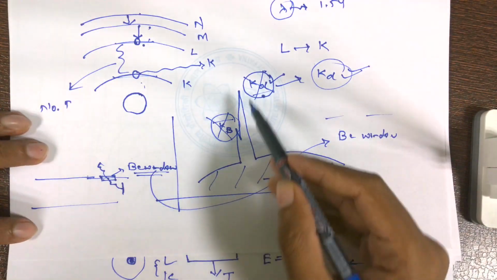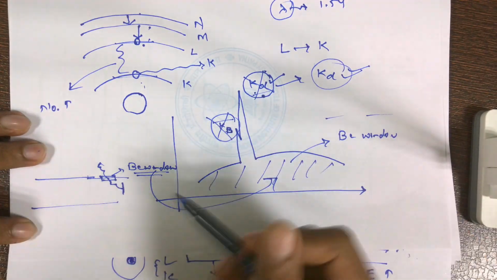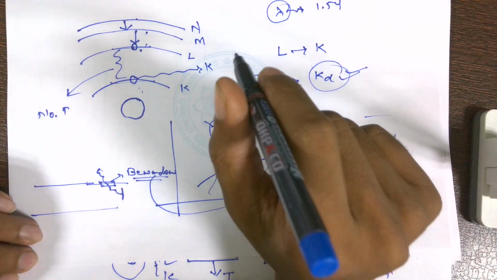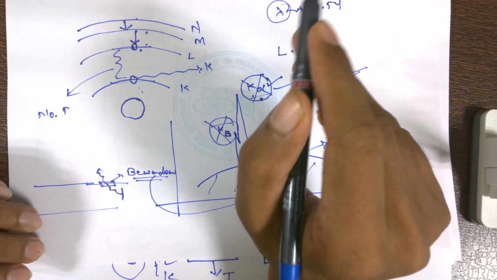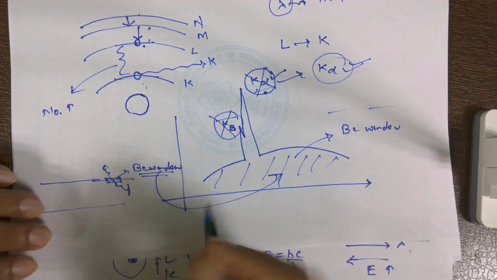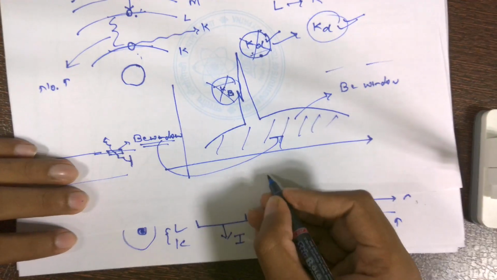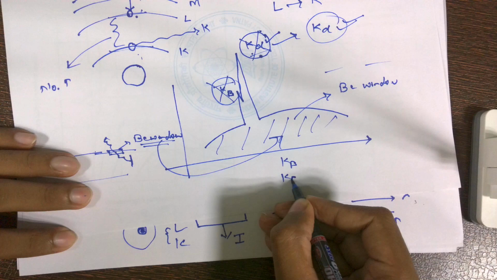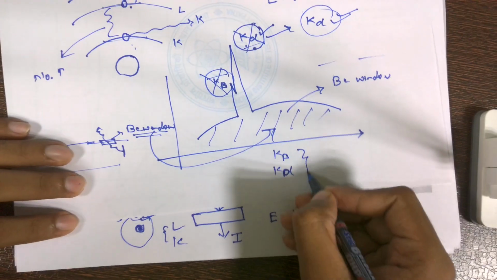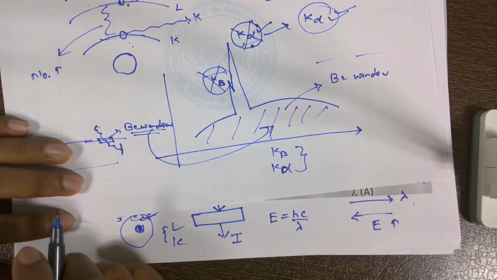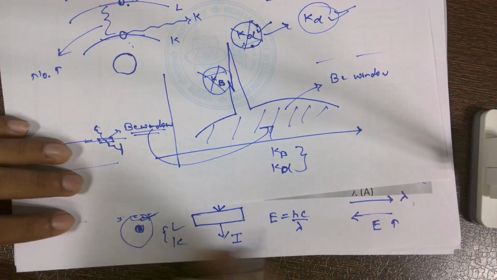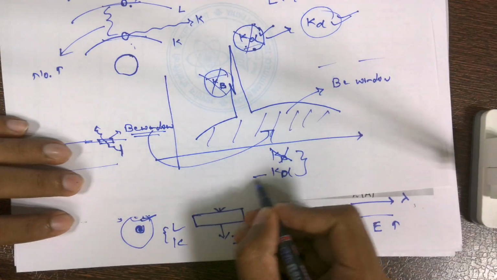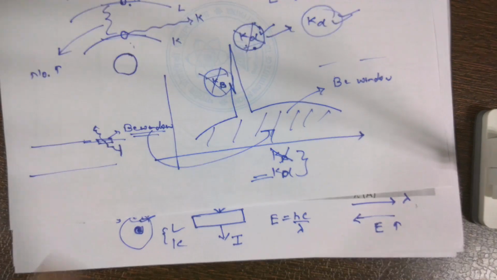To a certain extent, it will also decrease the intensity of the K alpha and K beta, but still in the ratio of the intensity of K alpha to K beta, the K alpha will be on the quite higher side. Now, using the beryllium window, we remove the continuous X-ray, and we are left with the K beta and the K alpha. To make our beam monochromatic in nature, we have to eliminate the K beta, because we know that the K alpha is more in amount, and something which is more in amount, you cannot eliminate.